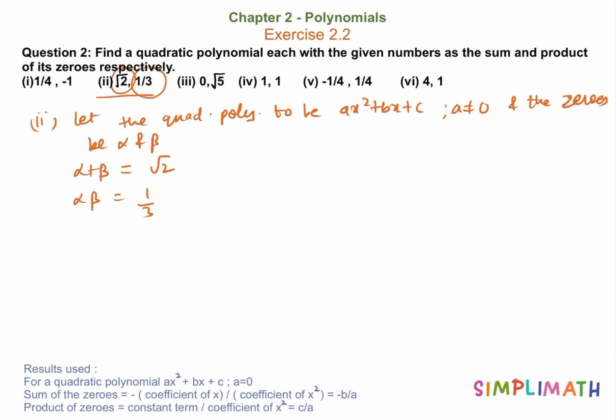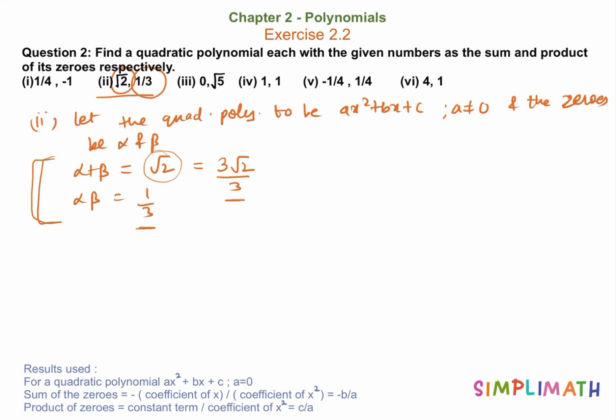So now we have understood from the first part that we have to equate the denominator in both of these terms. So over here, if I multiply and divide by 3, what do we get? 3 root 2 upon 3. So in both the cases, here and here, the denominator is equal.